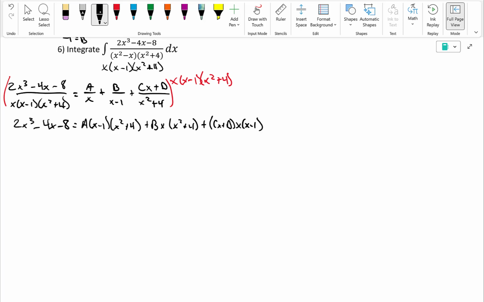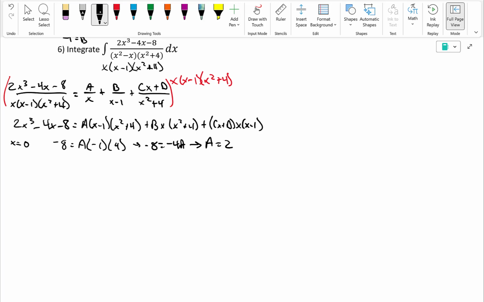And so if we start the same way we've been doing it, if we take x equals 0, because x is one of our factors, we end up with negative 8 equals, the B and Cx plus D terms will be gone, right? They both have a factor of x in them. And so we're left with just the first one. We get A times 0 minus 1, negative 1, 0 plus 4 times 4, or negative 8 equals negative 4A, which gives us A equals 2.